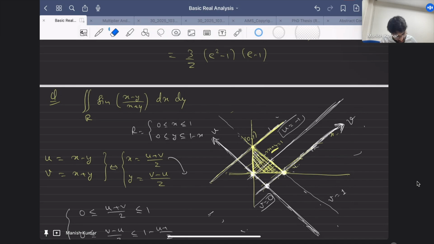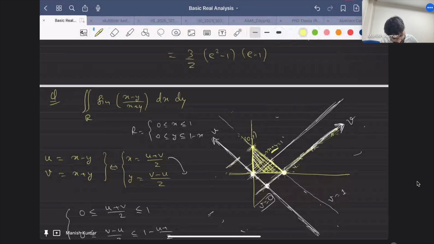This one, where is it? Yeah, so this was u equals minus 1. This is u equals minus 1 and then this line was coming out to be u equals 1.